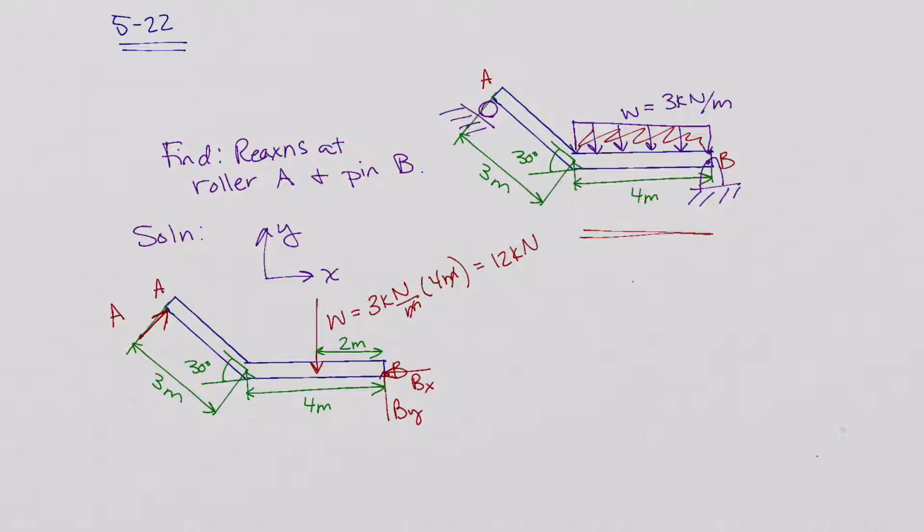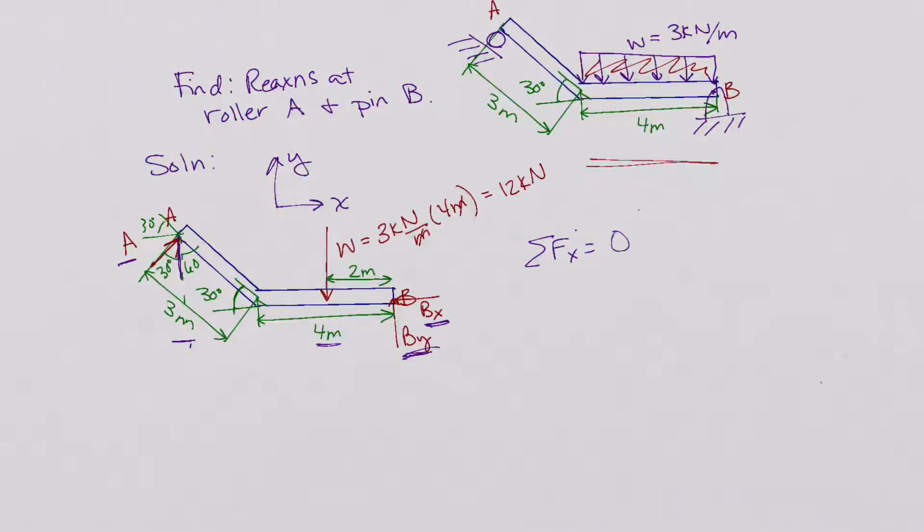Our 3 unknowns are Bx, By, and A. So we have 3 equations: we can sum the forces in the x direction equal to 0, sum the forces in the y direction equal to 0, and sum the moments about a point equal to 0. So we've got these 3 equations and our 3 unknowns, so we're ready to go.